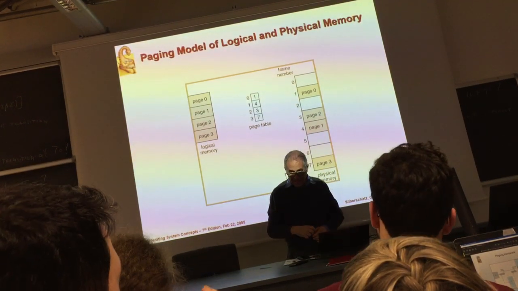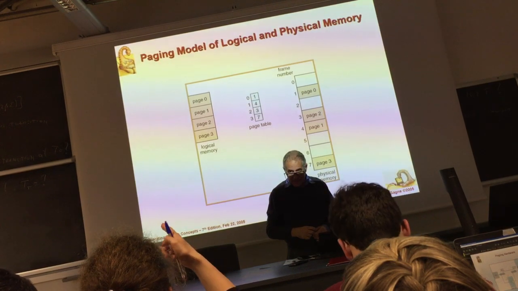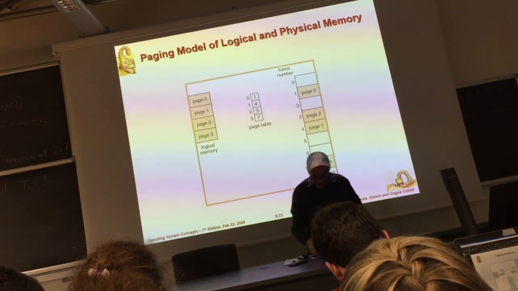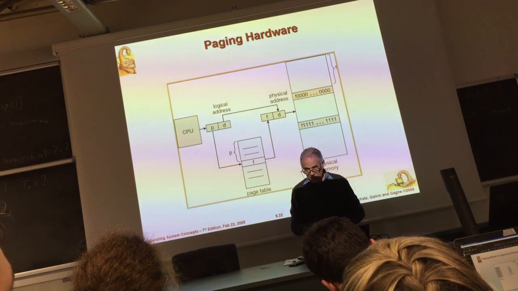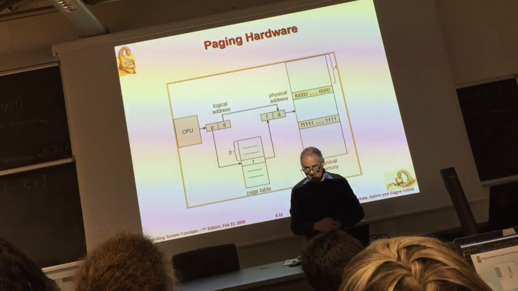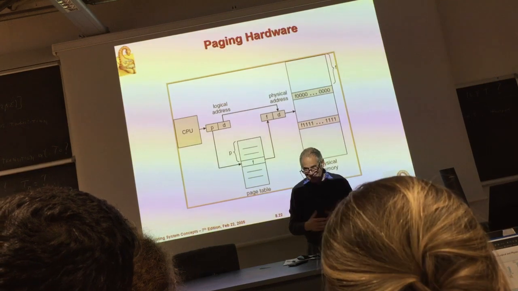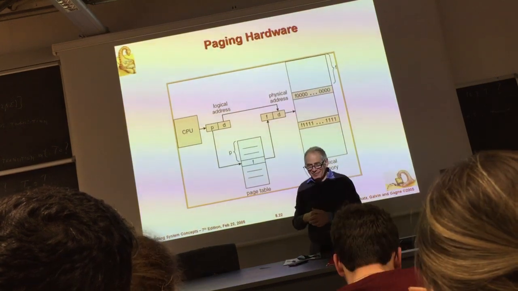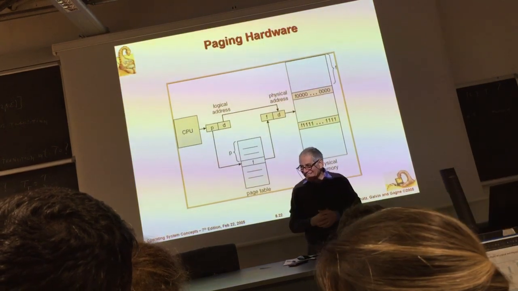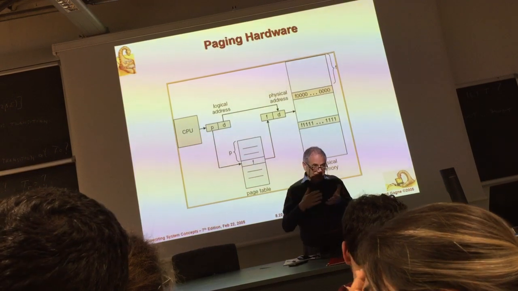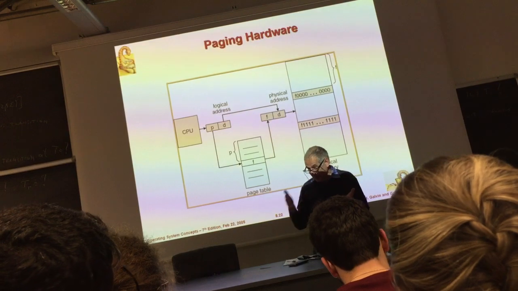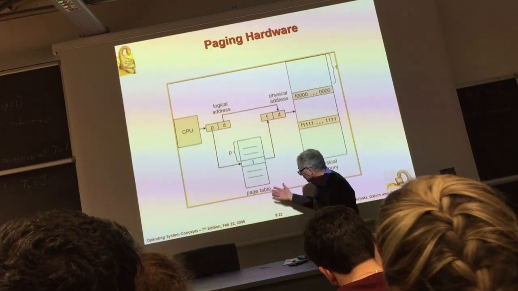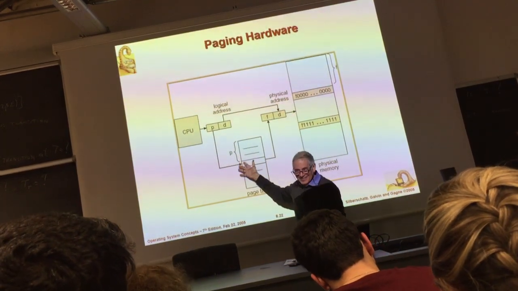Excuse me, can you repeat the disadvantage? Disadvantage? Exactly this. Where is this page table stored? In memory. In particular, which memory? In kernel main memory, kernel memory, of course. Otherwise, people will play with this number.